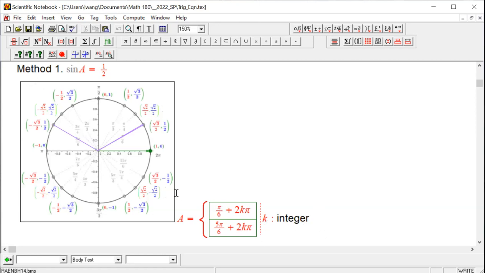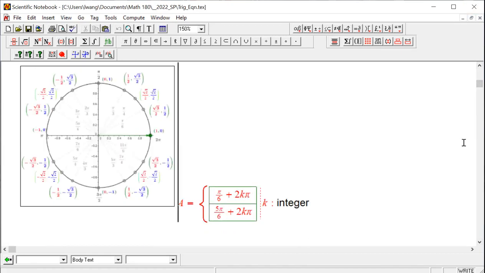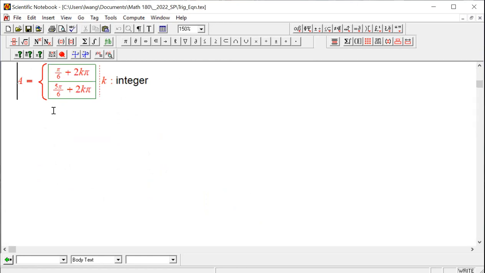See, now we already found the solution. I just want to show you why all of these are solutions. Let's make sure we understand all of these solutions. So for example, with that solution, since k is any integer, k can be 0.